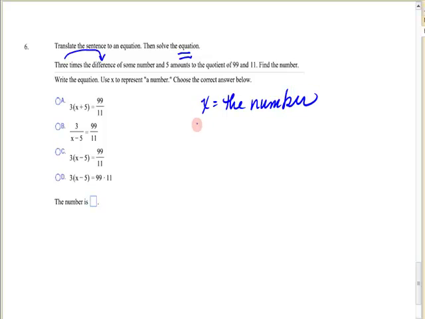All right, 3 times a difference looks like this. The difference of what? Mystery number, x, and 5. Amounts to, that's my equal sign, quotient of 99 and 11.